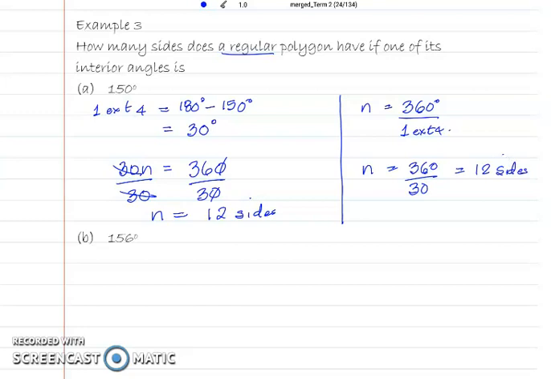All right, so we're to also find how many sides a regular polygon has if its interior angle is 156 degrees.